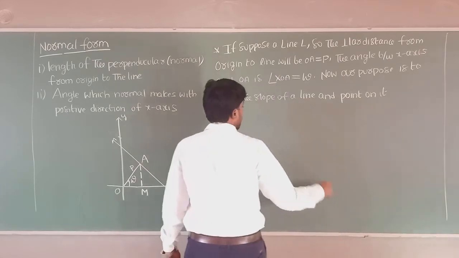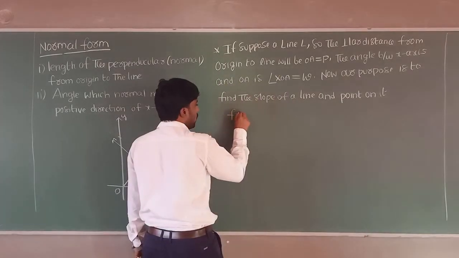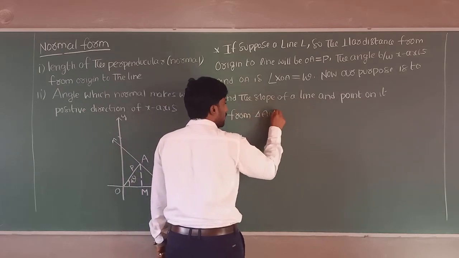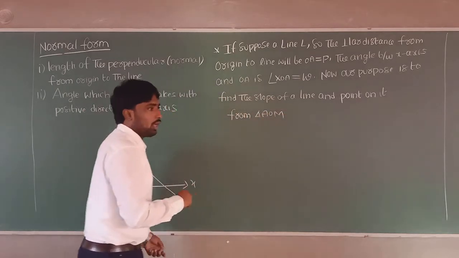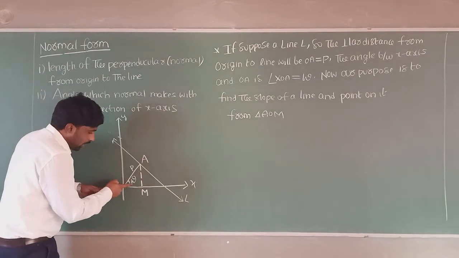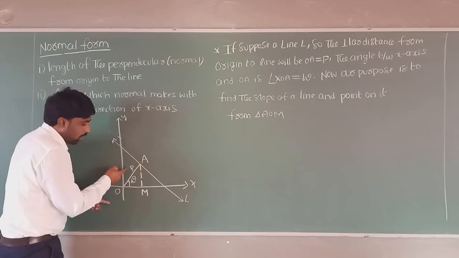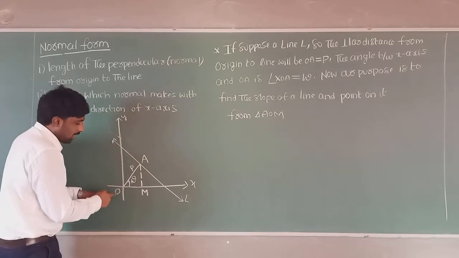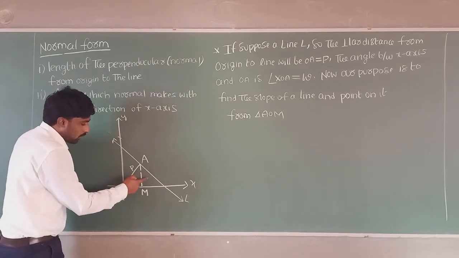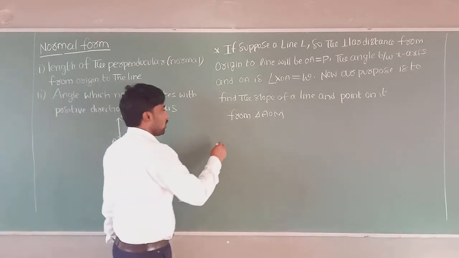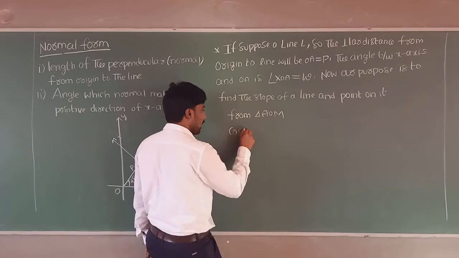Now you see here, from triangle AOM, cos omega equals adjacent side by hypotenuse, and sin omega equals opposite side by hypotenuse. Is it clear? So now cos omega, what will I get here?